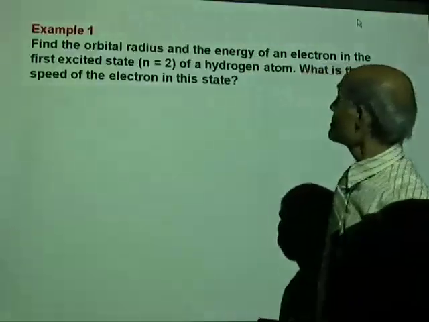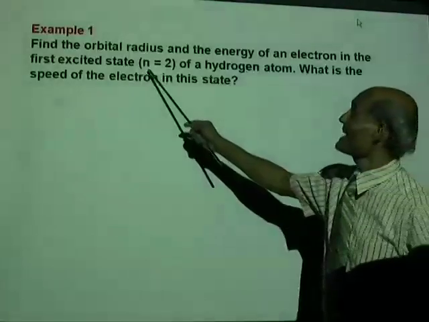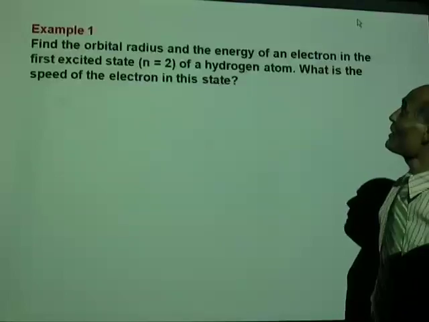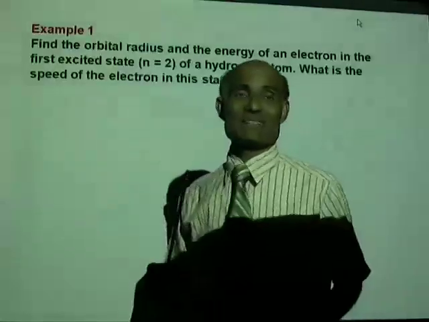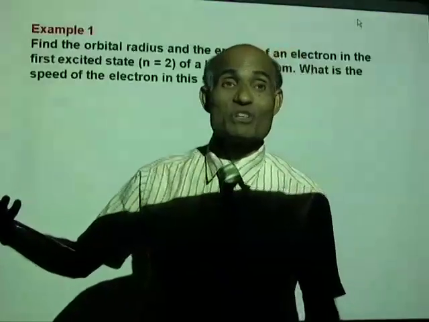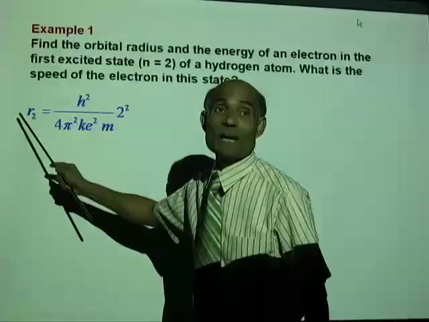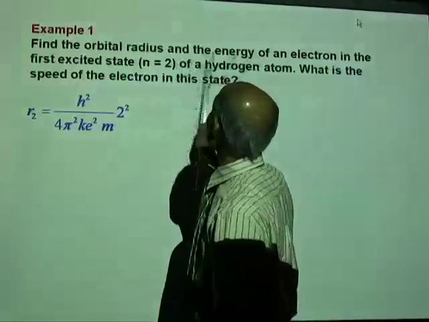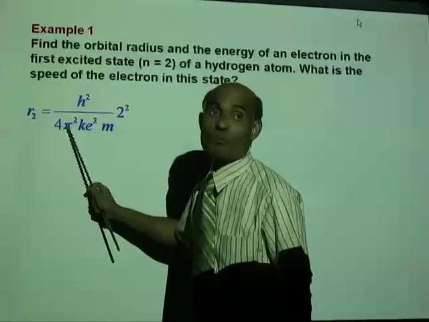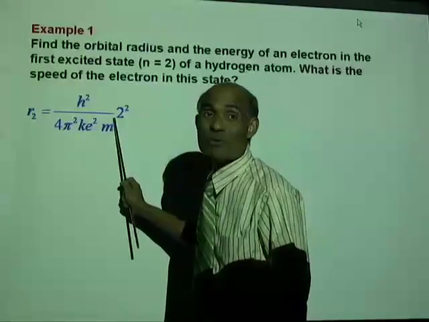So find the orbital radius and the energy of an electron in the first excited state of a hydrogen atom. What is the speed of the electron in this state? Well, we have obtained an expression for the energy already. We know that the radius r sub n is h squared over 4 pi squared k e squared m times n squared.